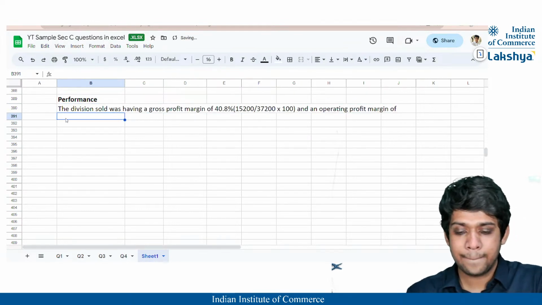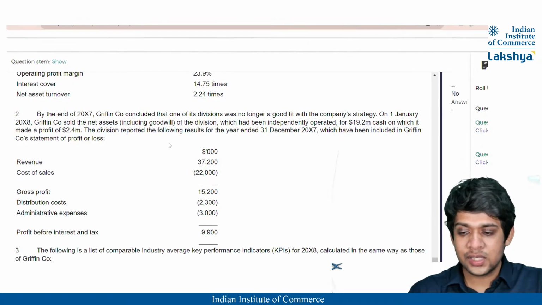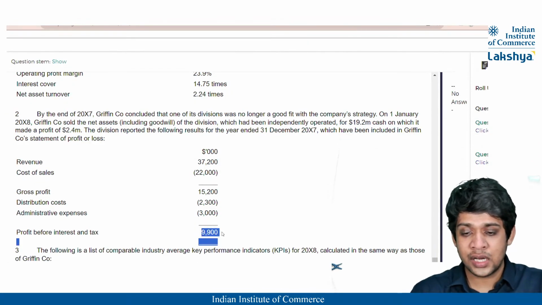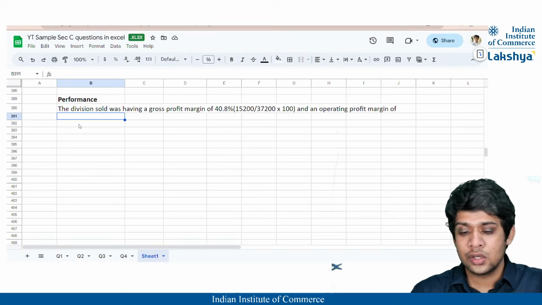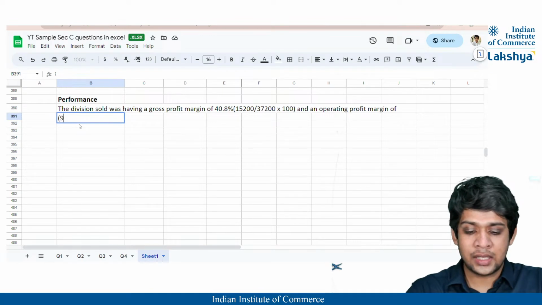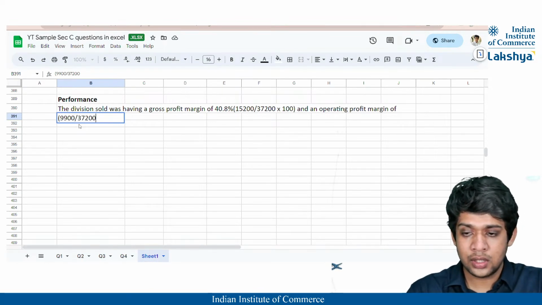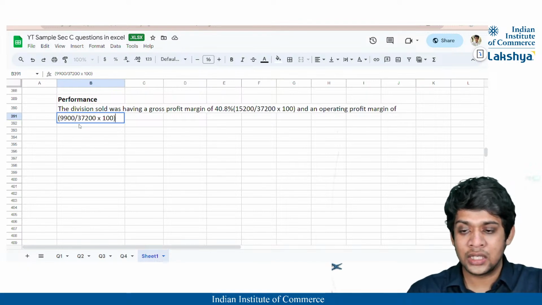of nothing but, what is the profit before interest and tax? 9,900 divided by 37,200, which is the sales revenue. So I'll state it as 9,900 divided by 37,200 into 100. That will give us the operating profit margin as well.